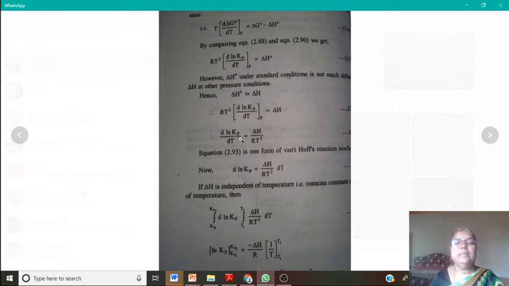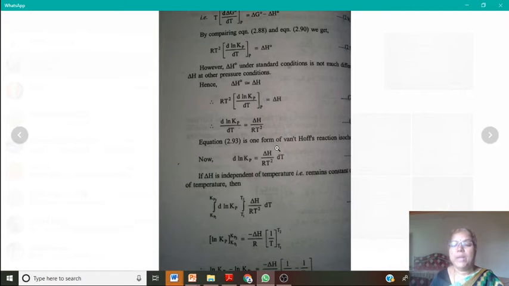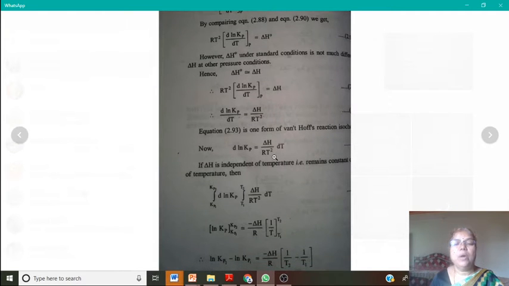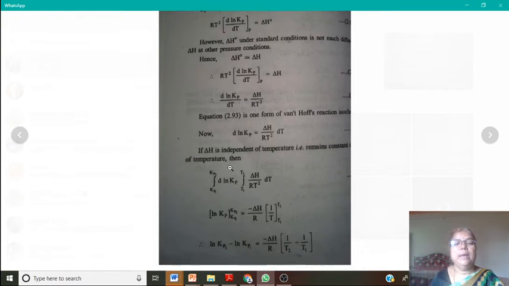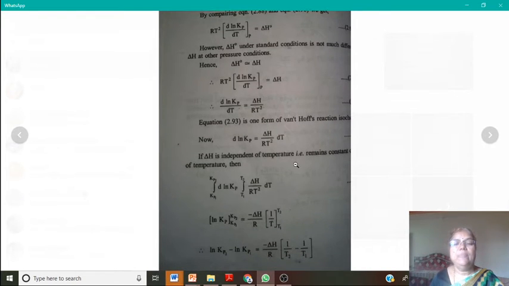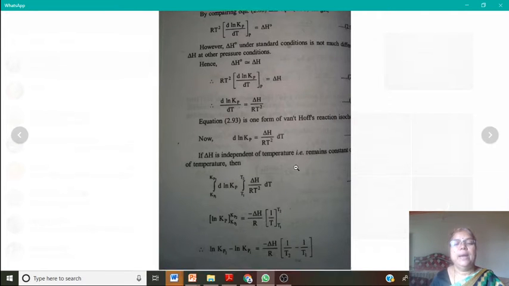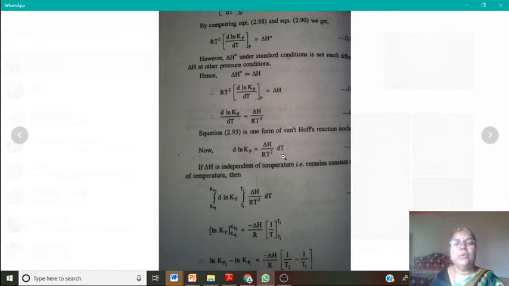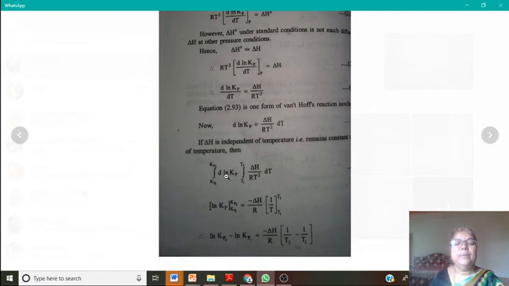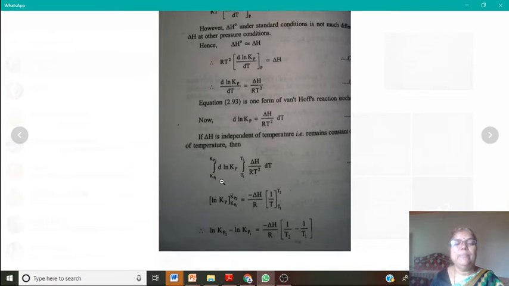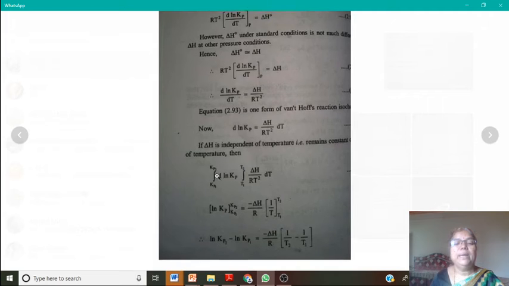Then rearranging this equation, we can write d ln Kp equals ΔH upon RT² into dT. If ΔH is independent of temperature and remains constant, integrating this equation within the proper limits, we get the integration of d ln Kp within lower limit Kp1 and upper limit Kp2.